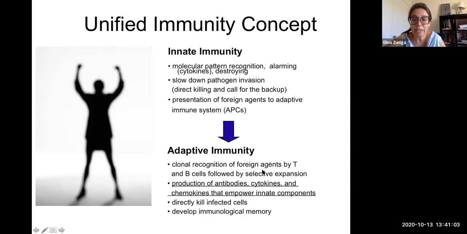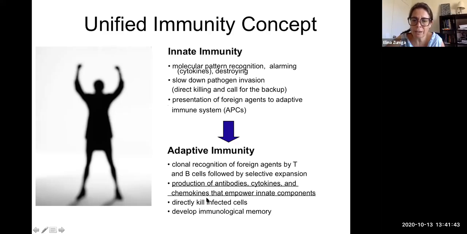This will generate effector B cells that will produce antibodies, or effector T cells that will produce cytokines and chemokines as well, and cytokines like interferon gamma, as I mentioned, will empower innate immunity. We learned how some CD4 T cells are empowering macrophages, for example, to enhance their microbicidal activity. So many of the effector functions of the T cells, particularly CD4 T cells, are to empower innate immunity.